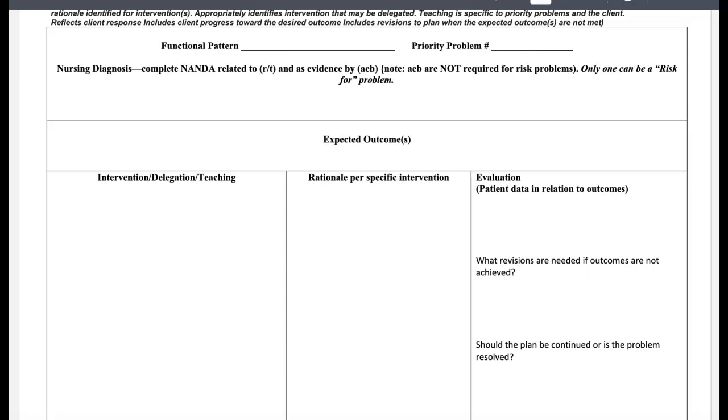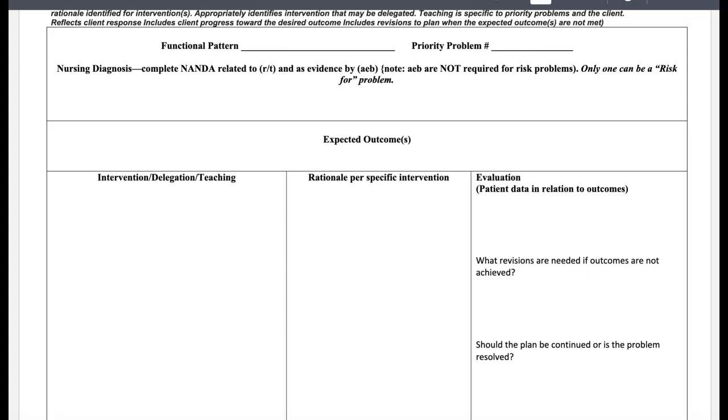You would not say that the patient will gain 10 pounds by tomorrow, right? That's not expected. When you think of outcomes, you're not necessarily having to write the outcome for the end of your shift. Think longer term. Think about if you were trying to create a plan to tell a sophomore student how to take care of this patient and what you wanted them to look like prior to discharge or within a week.